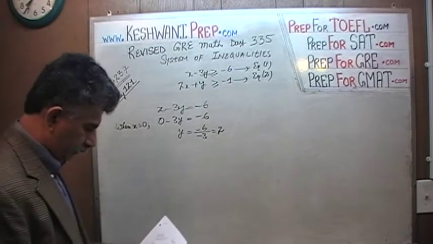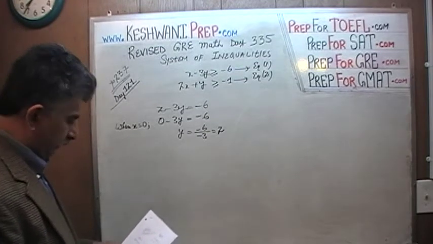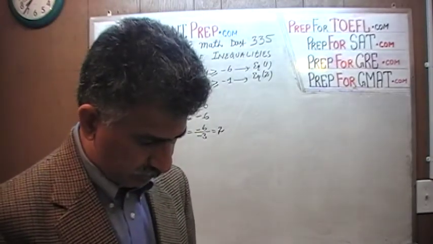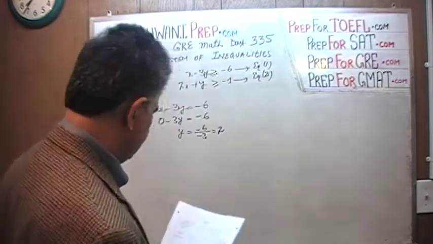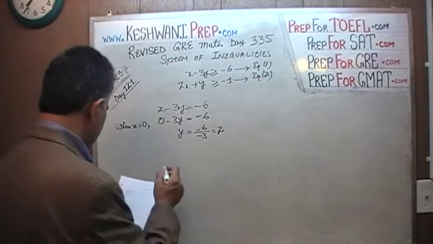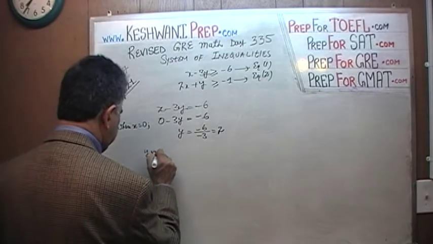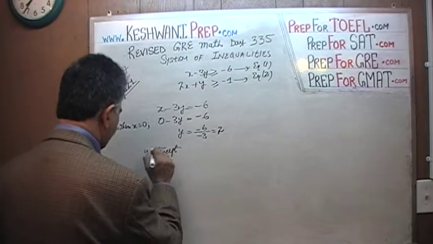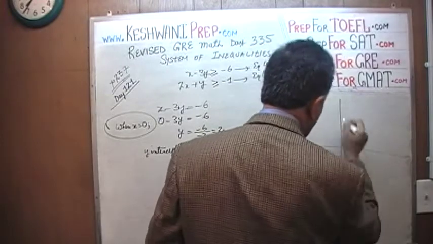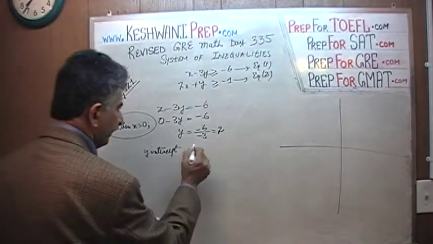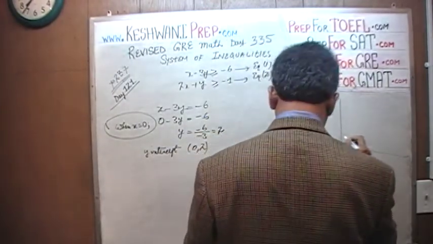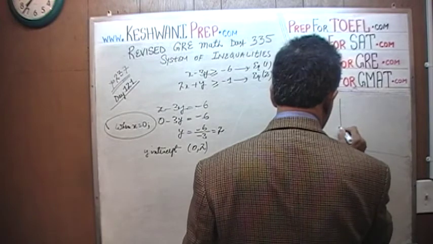The y-intercept is where x is 0, along the y-axis, and we find that the y-intercept turns out to be (0, 2). So that's the first point. Let's put it here.